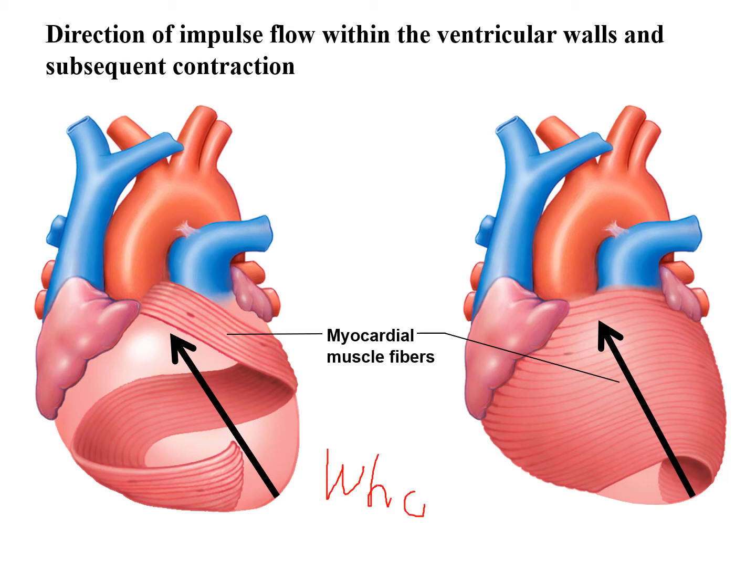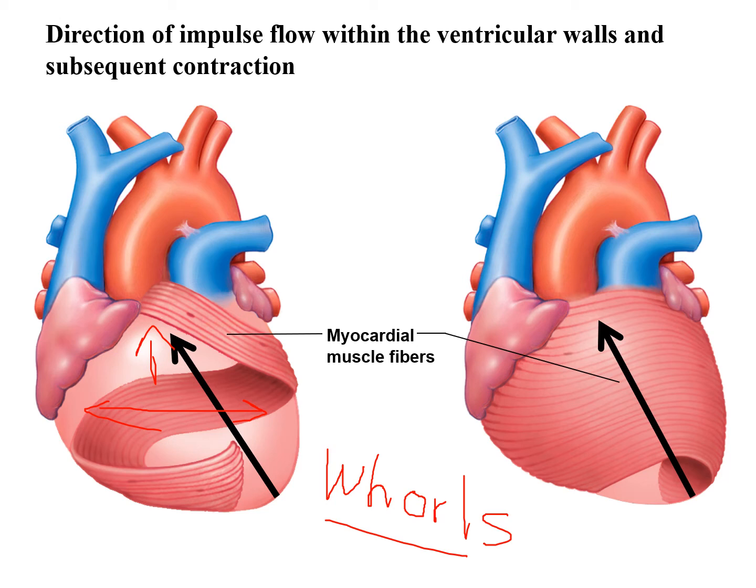It's kind of a funny word, whorls. In other words, the patterning is not just around the circumference of the heart. It's not horizontal, nor is it vertically oriented cardiac muscle. It's oriented in these concentric spiraling whorls.